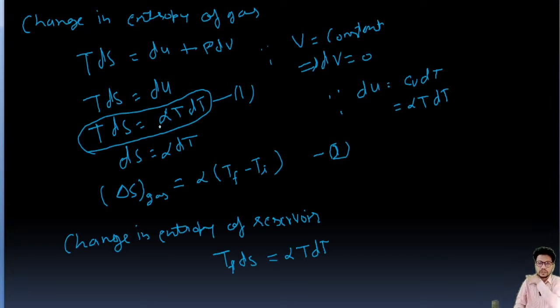So this is the change in entropy of the gas, and the change in entropy of the reservoir is this. T dS equals alpha T dt. We'll use the first law of thermodynamics here as well, okay?